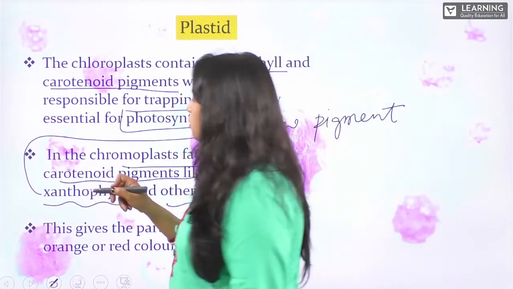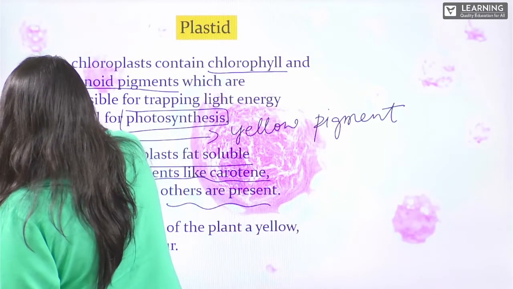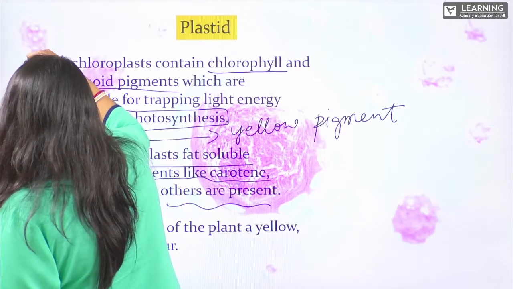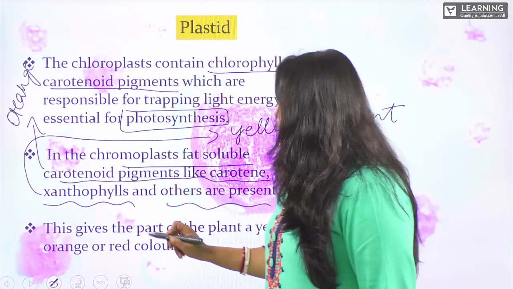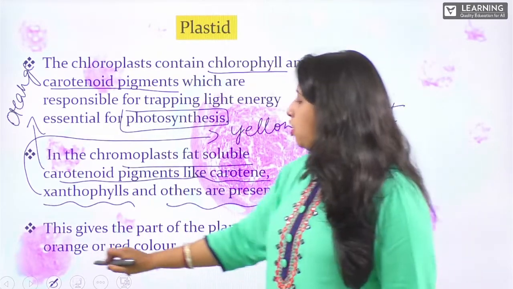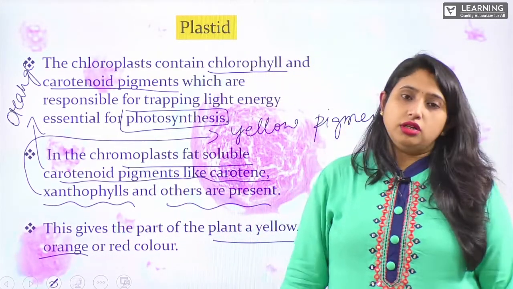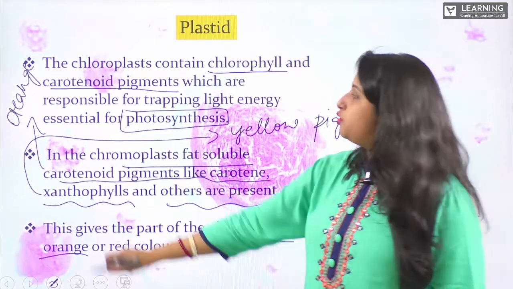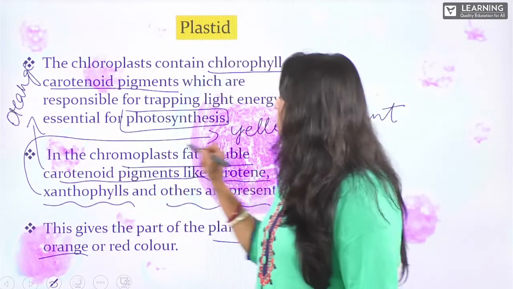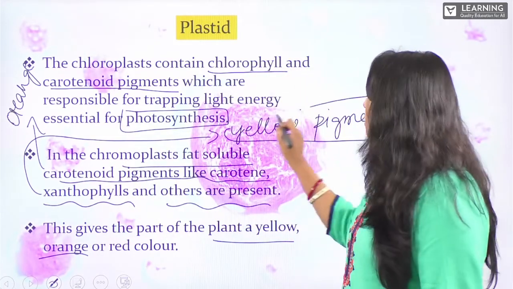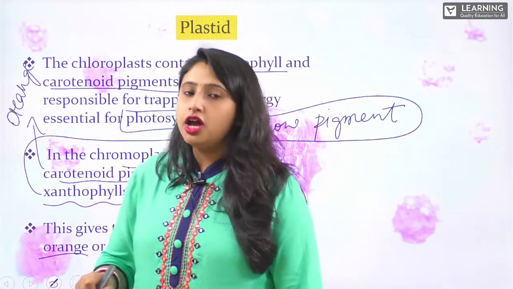Carotene is orange; it provides orange color to the plant. So this gives the part that is yellow or orange. So the carotenoid, which color is it? It provides orange. It is the orange color pigment. And xanthophyll, which color pigment is it? It is a yellow color pigment. Clear?